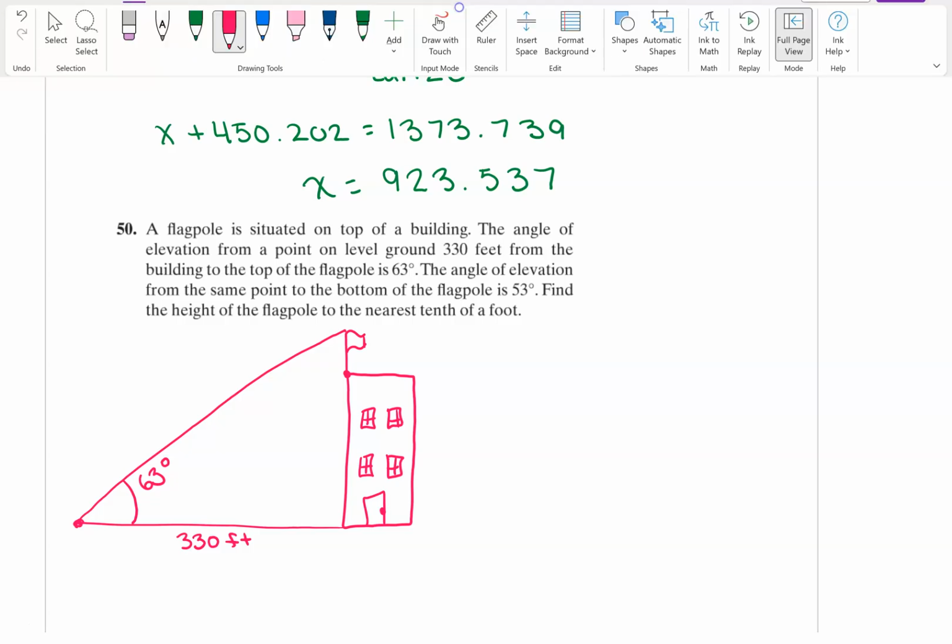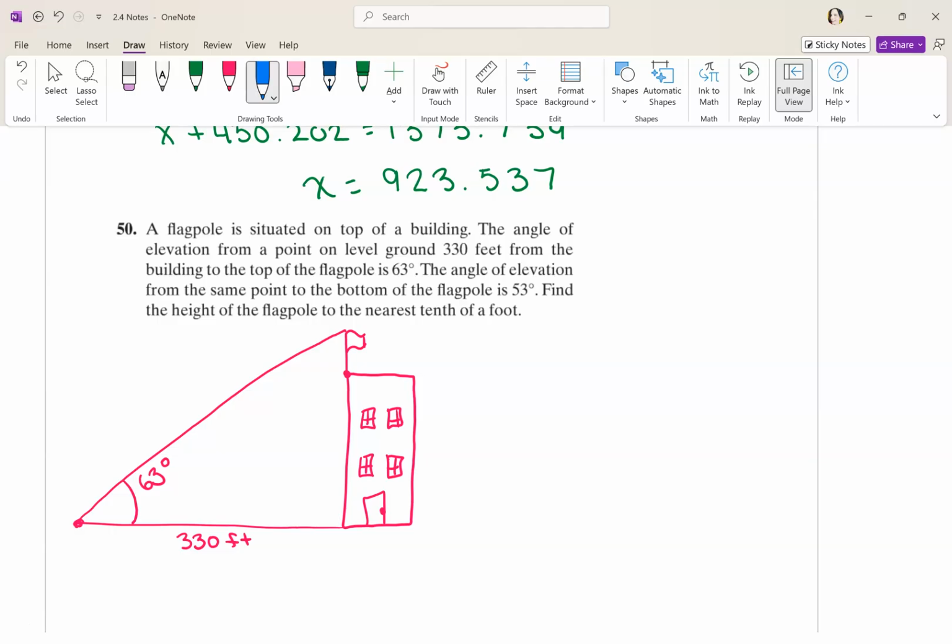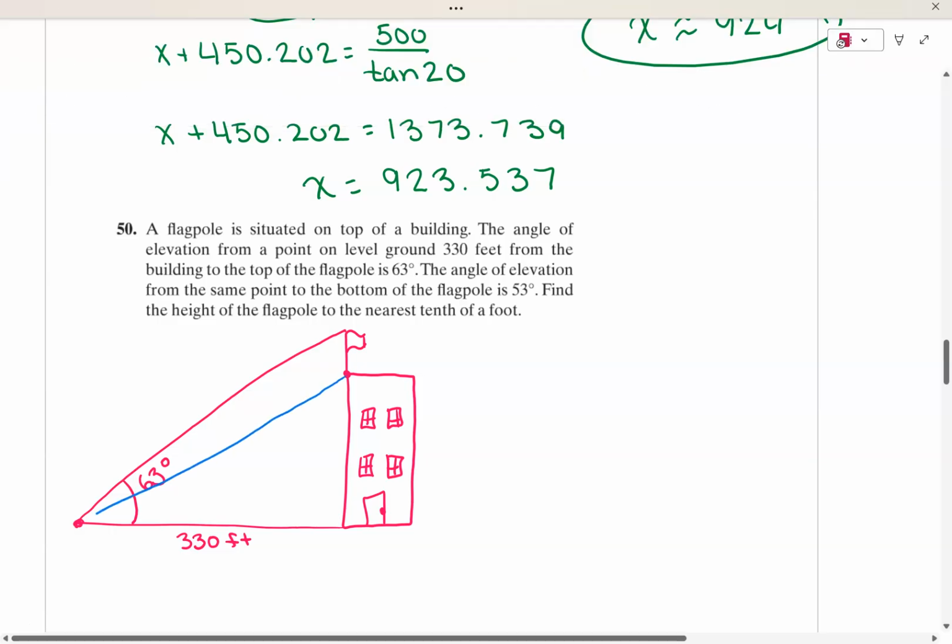However, from the bottom, we have that this is 53 degrees. Okay, find the height of the flagpole. So we're trying to find just the height of this. So let's see what all we have going on.